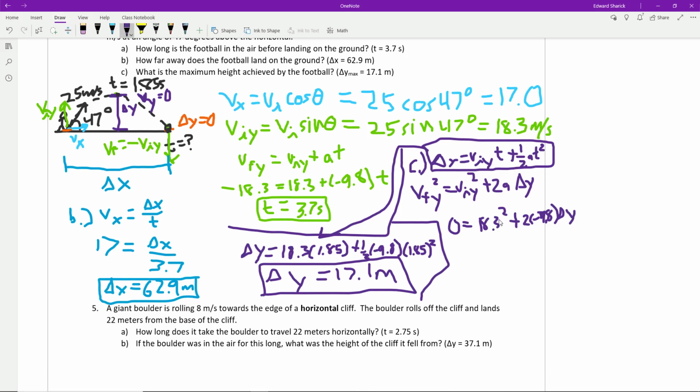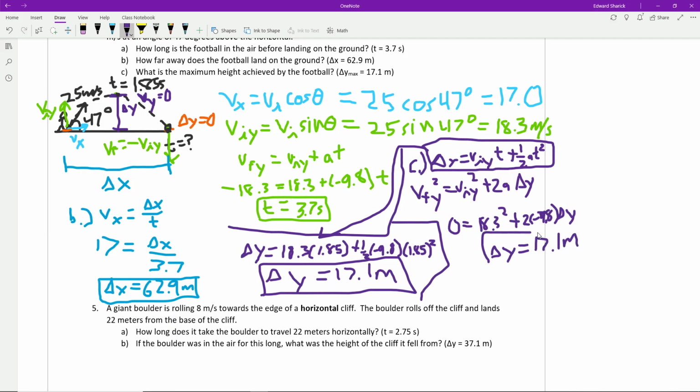Okay, so in this case, you would square the 18.3 first, subtract it over, and then you would divide by 2, divide by 9.8, and you'll still get the same delta y value of 17.1 meters.